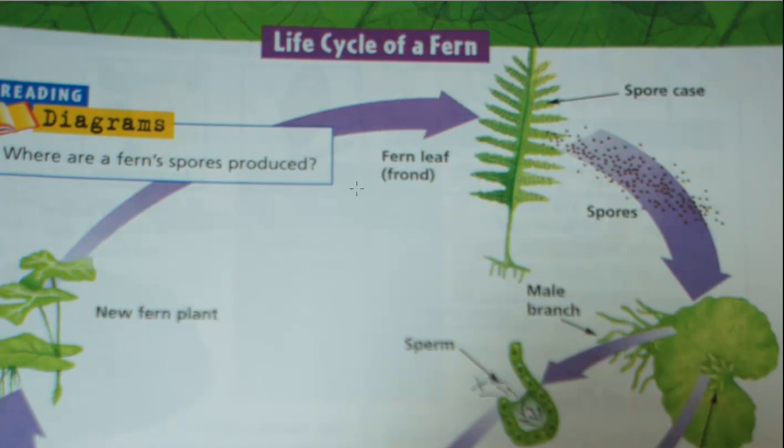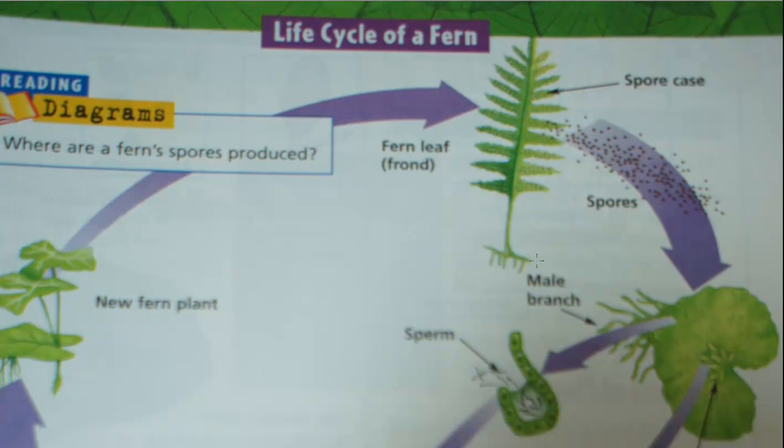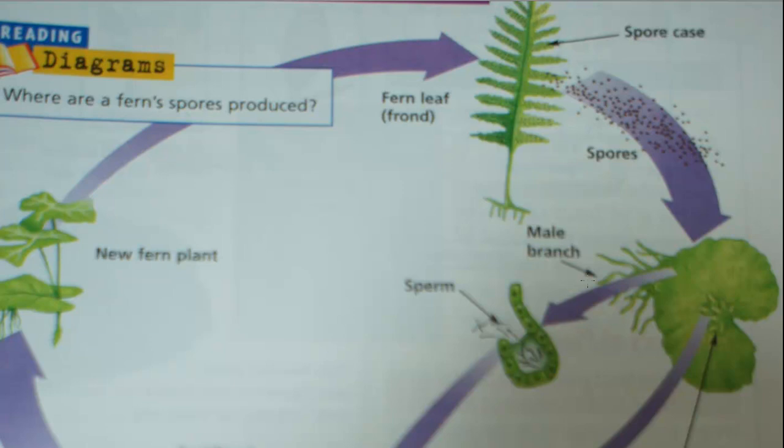and we are at the life cycle of the fern. Spores landing in shady, moist soils are most likely to grow. So they have spores like before, and they land.